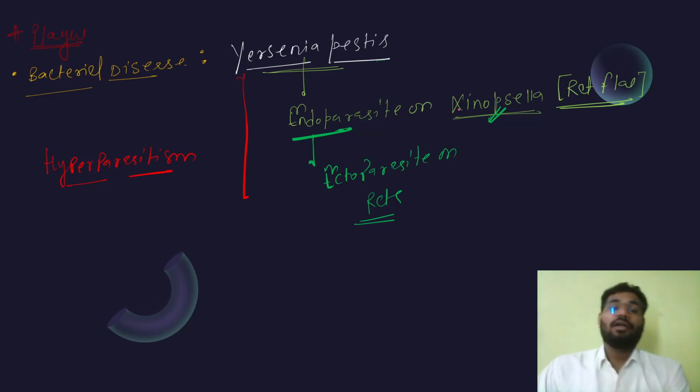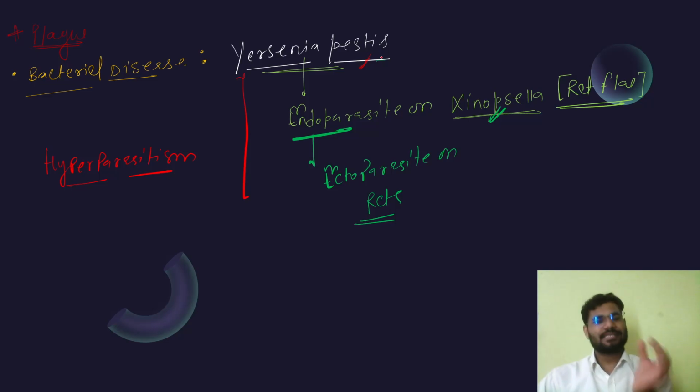If this Xenopsylla bites a human, that is also how Yersinia pestis enters. So Yersinia pestis is the major causative agent. It lives within the Xenopsylla as an endoparasite, and Xenopsylla is an ectoparasite on rats. This is important, and it is an example of hyperparasitism we need to understand.